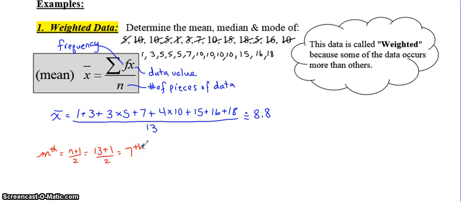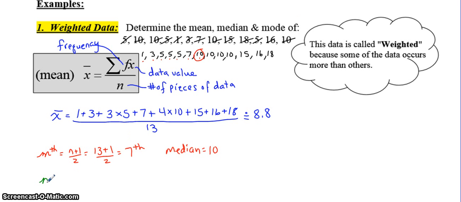That means that the median is the 7th number. So 1, 2, 3, 4, 5, 6, 7. Your median is 10. Again, that just saves you from taking 1 from the bottom, 1 from the top, 1 from the bottom, 1 from the top, and narrowing it down to the middle.